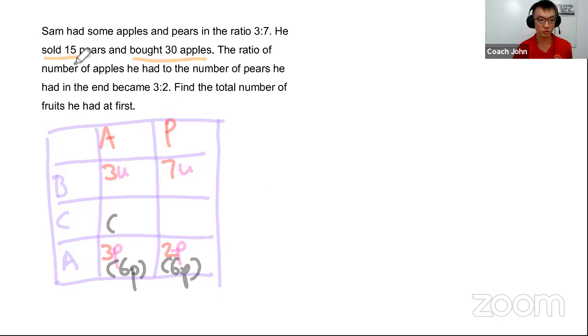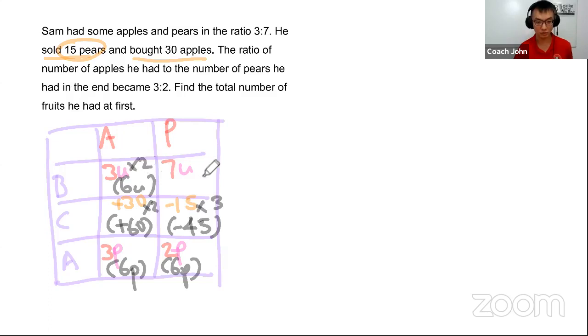Can you see sold 15 pears? So sold 15 pears is here and then plus 30 apples. Next you have times 2, so you have plus 60, and then times 3, minus 45. Thanks, parents, for sharing with me my mistake. So times 2, times 3 as well, so it's 21u.